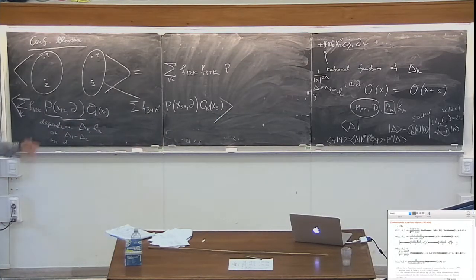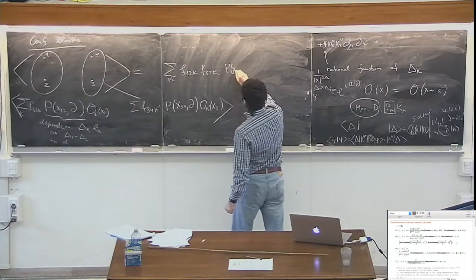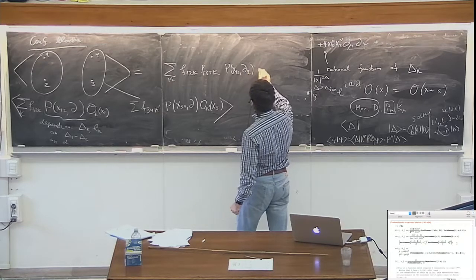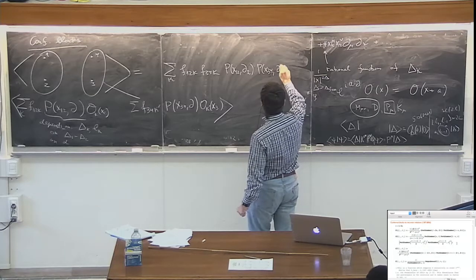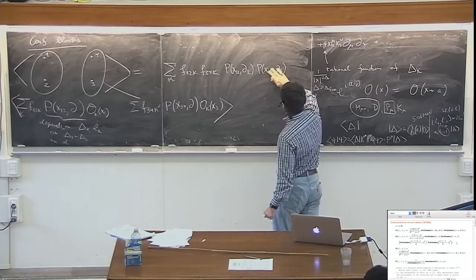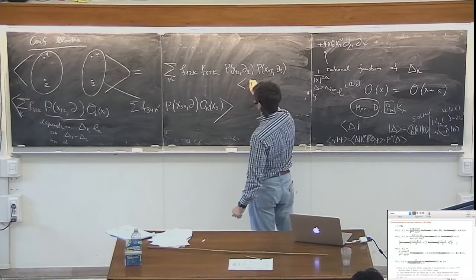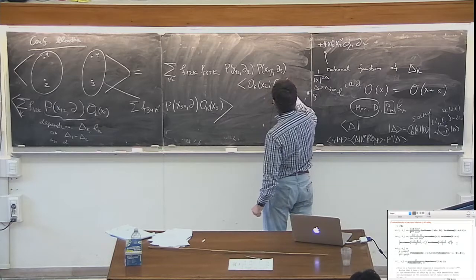So the double sum collapses to a single sum, P x12 d2, P x34 d3, x43 to be precise, acting on the 2-point function of OK of x2, OK of x3.